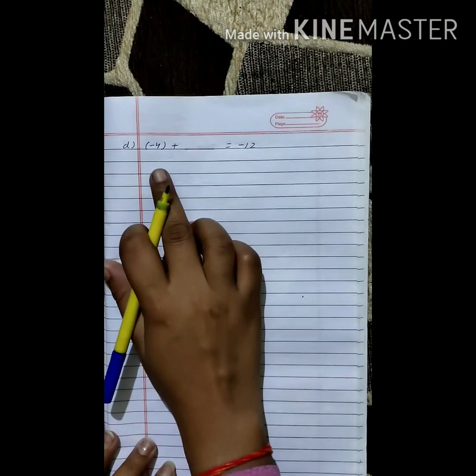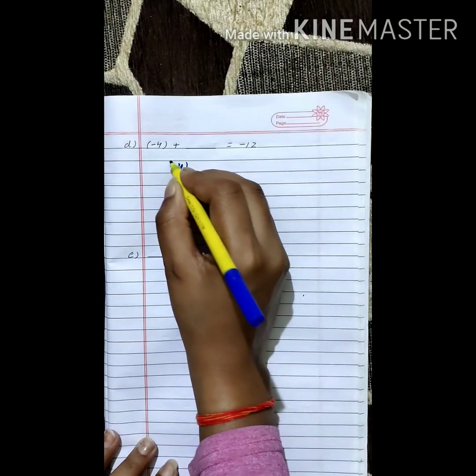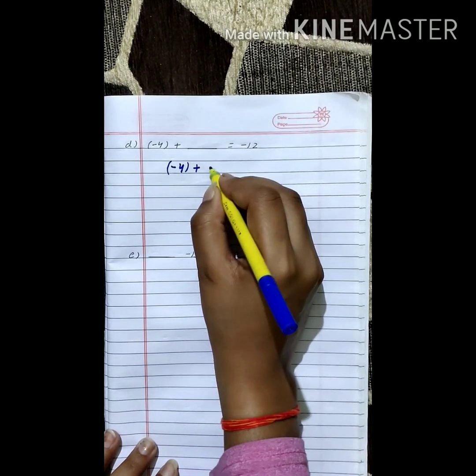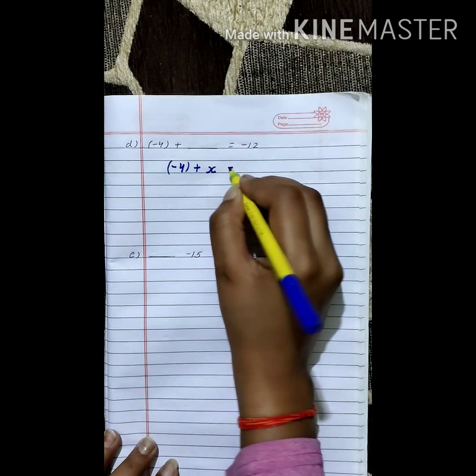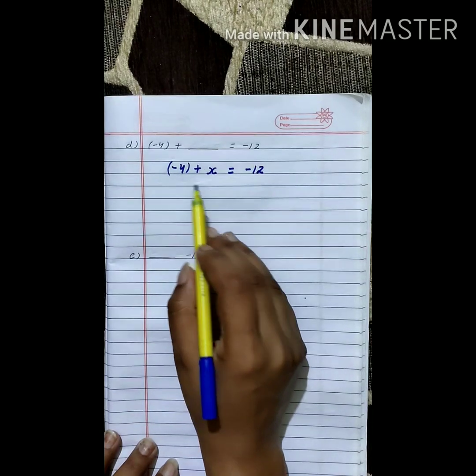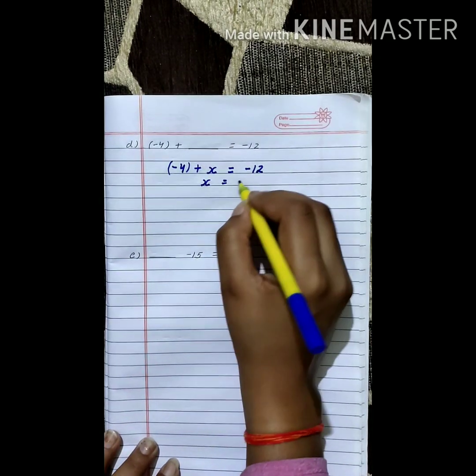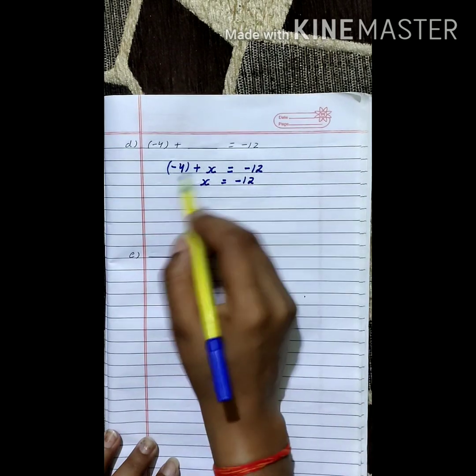D part, minus 4 plus dash equals to minus 12. Minus 4 as it is, dash we will fill with variable x, equals minus 12. Now we will separate variable and constant. So we will write x as it is and we will transfer minus 4 to the other side.